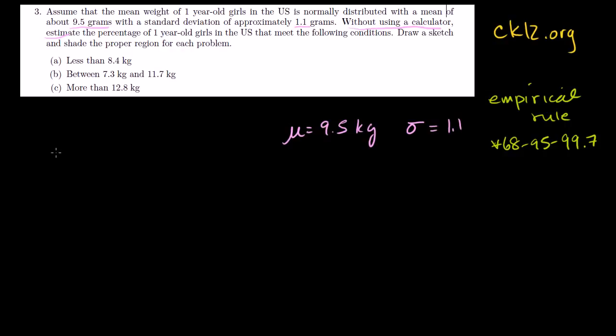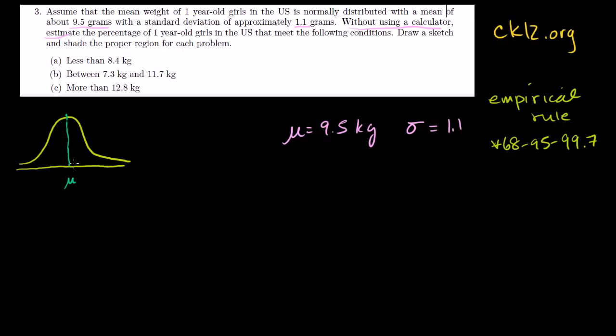What that tells us is, if we have a normal distribution, and I'll do a bit of a review here before we jump into this problem, let me draw a normal distribution. Say it looks like that. I didn't draw it perfectly, but you get the idea. It should be symmetrical. This is our mean right there.